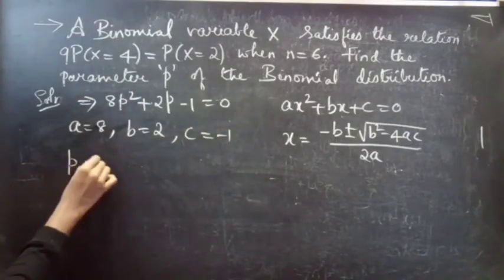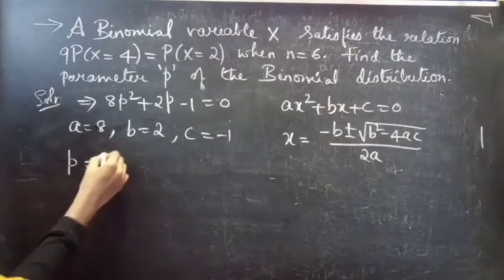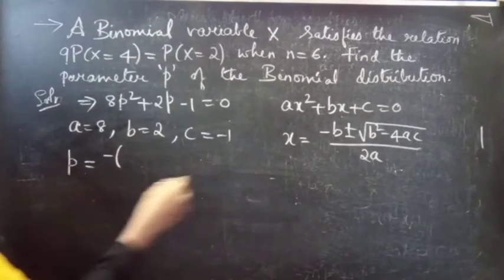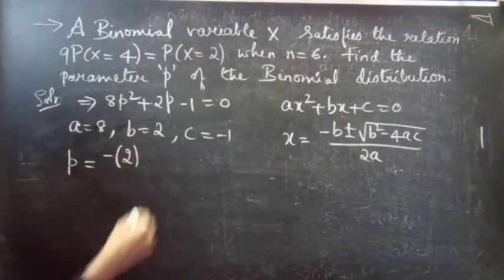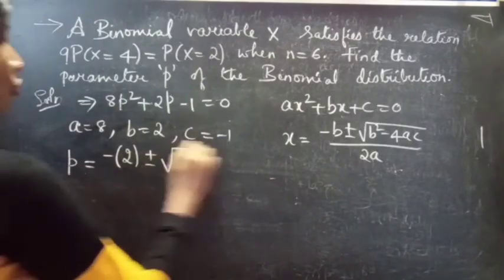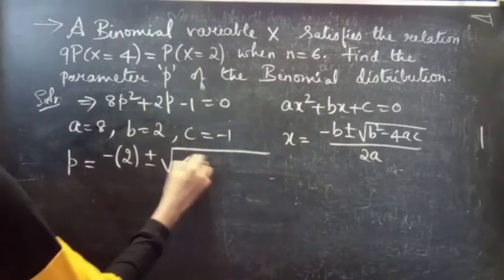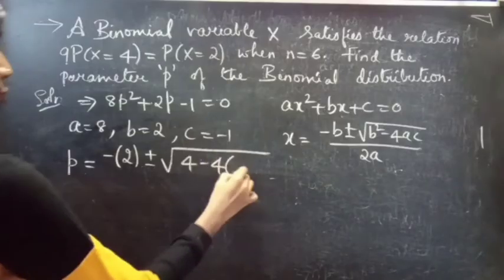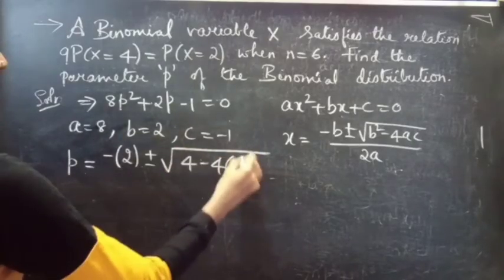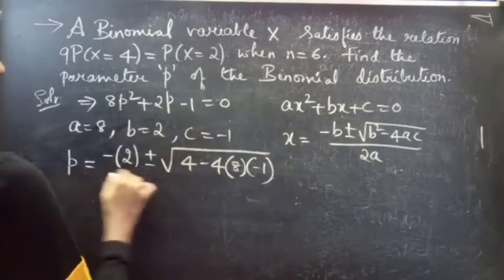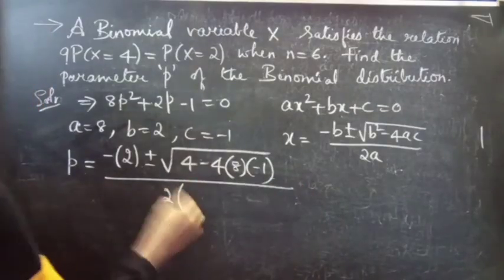So now we can find the value of p, which is equal to minus b, minus 2, plus or minus square root of b square, 2 square is 4, minus 4 into a into c, by 2a.